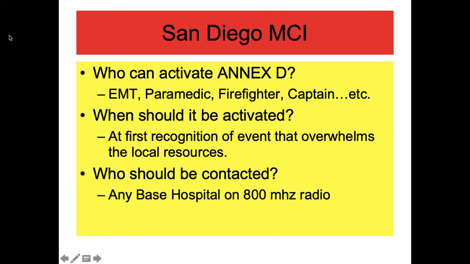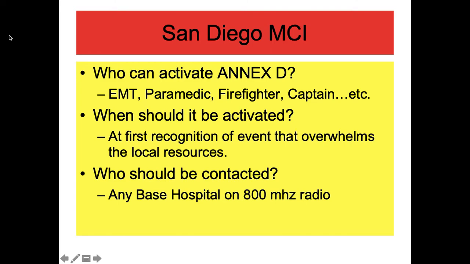More than likely, anybody can activate Annex D. You would do it over the radio to the radio nurse, and he or she is going to get on the county line and let them know that there's an Annex D activation. Again, that opens up all these resources for these really large events.